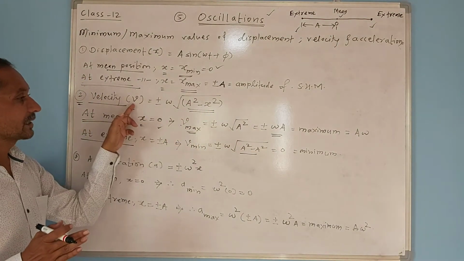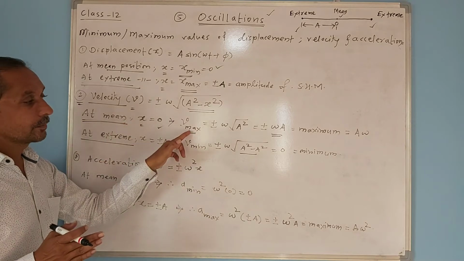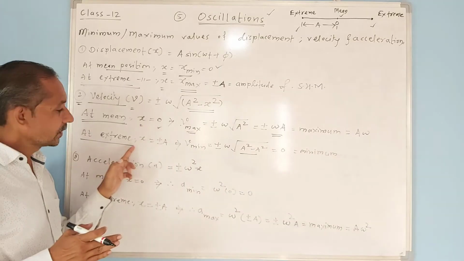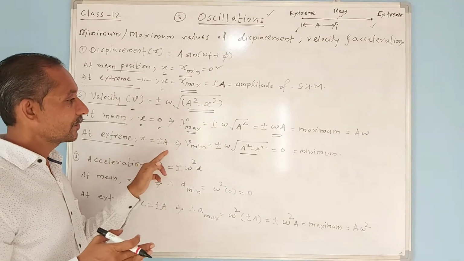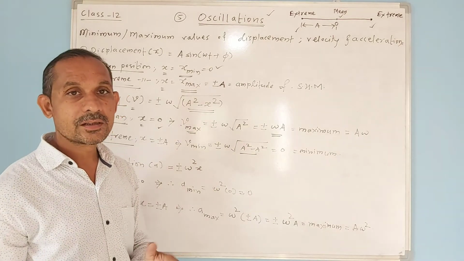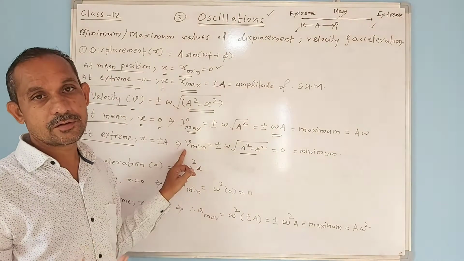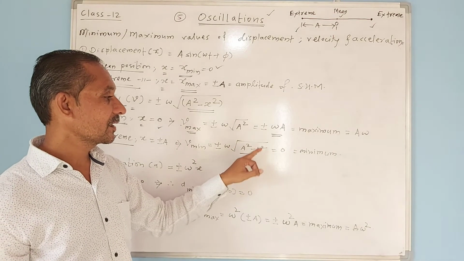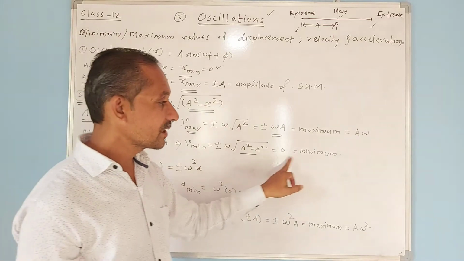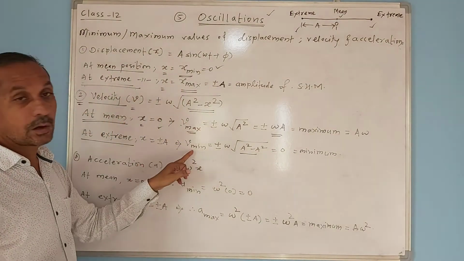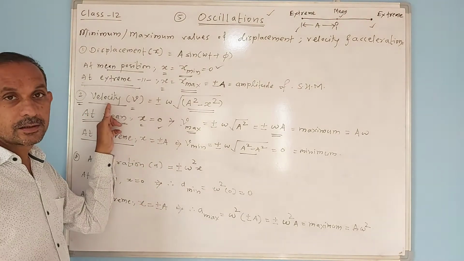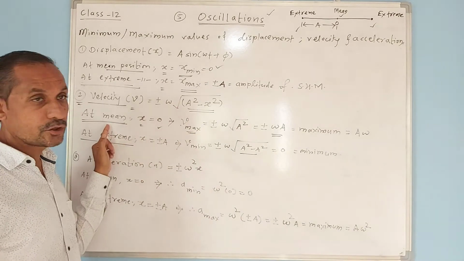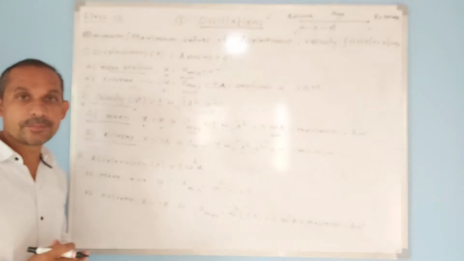Then at the extreme position, x is maximum, therefore this difference will be minimum, which means the velocity will be minimum. Plus minus omega under root of a square minus a square is equal to 0. Zero means minimum velocity. So we get maximum velocity at the mean position and the minimum velocity at the extreme position.